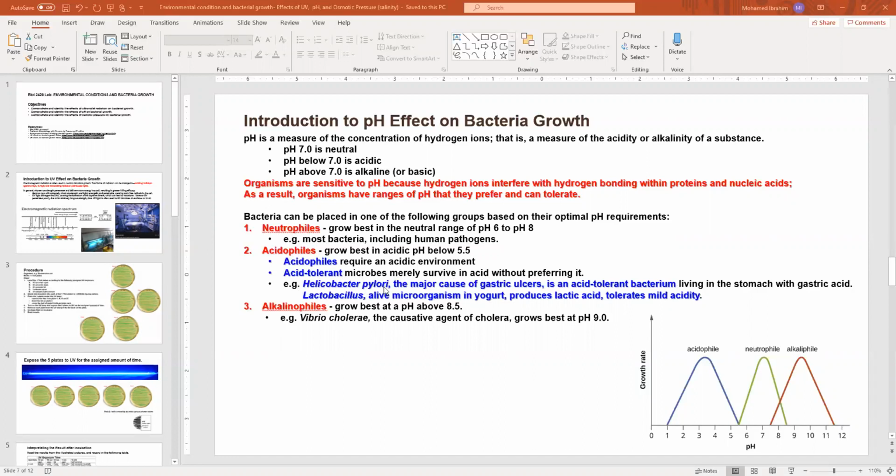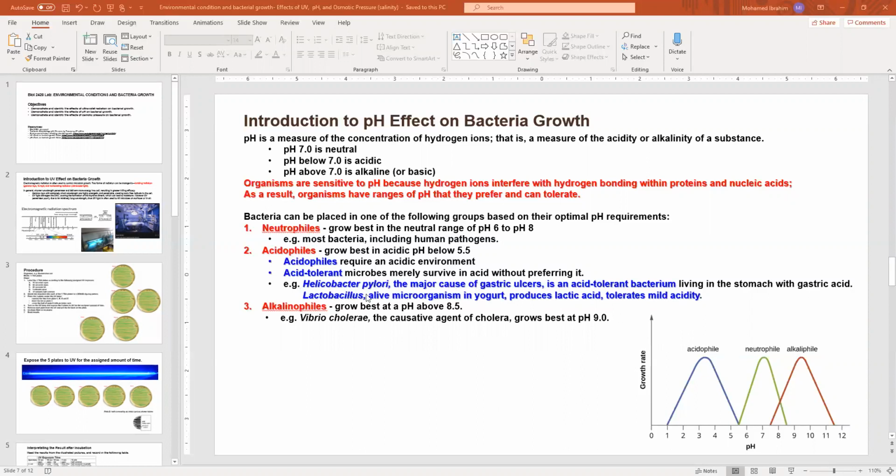Some people have this bacteria in their stomach, and it is the main cause of gastric ulcers. You know how low the pH in the stomach is, but they can tolerate this. It doesn't mean that they need low pH to grow, but they can tolerate it.